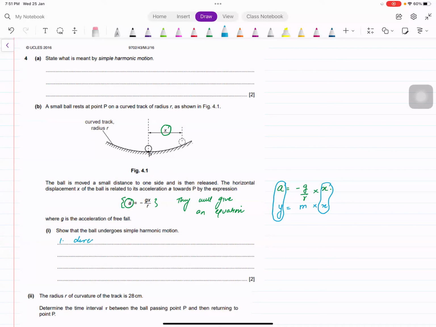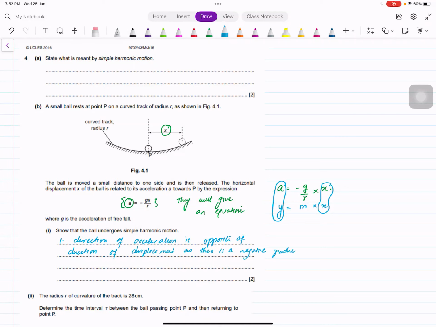Direction of acceleration is opposite of direction of displacement. How do I know this? As there is a negative gradient.